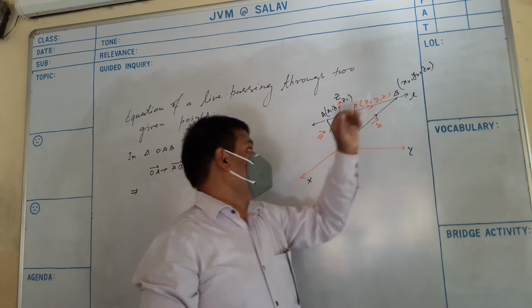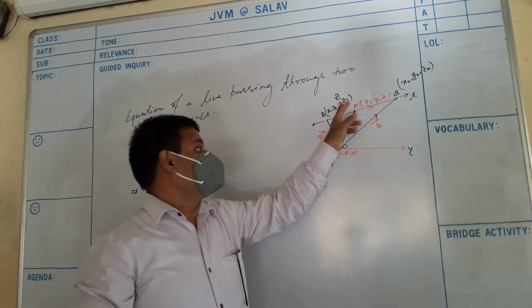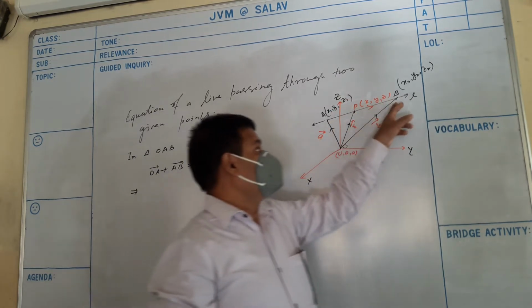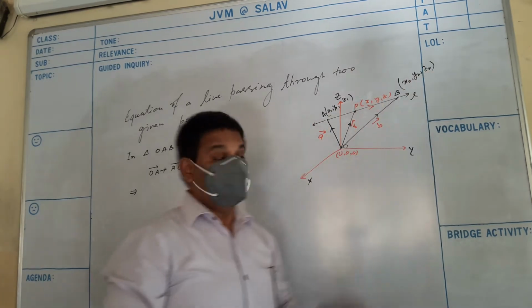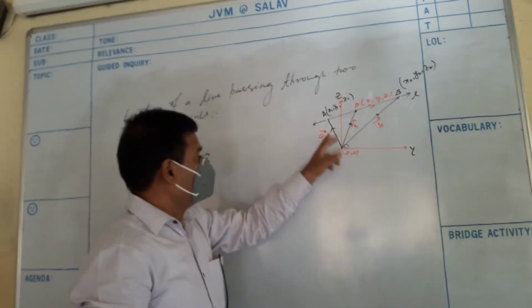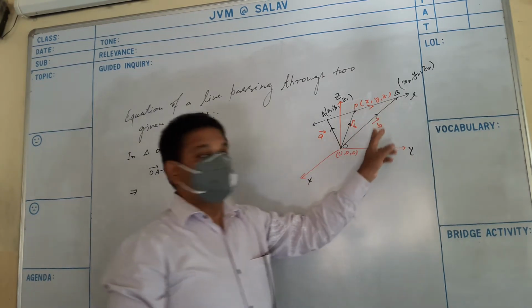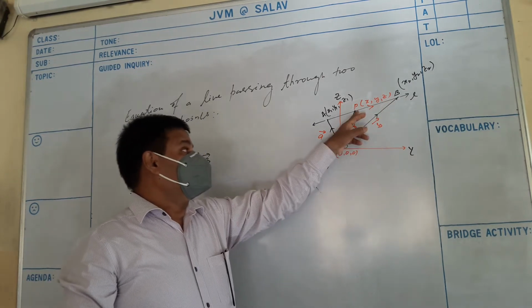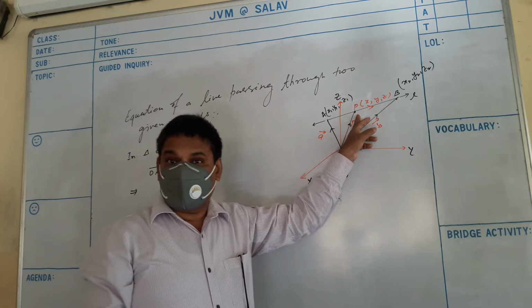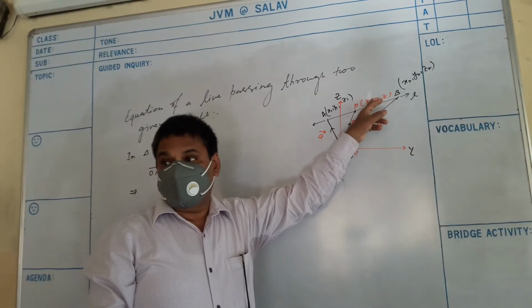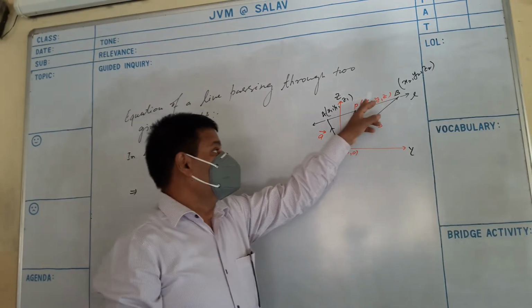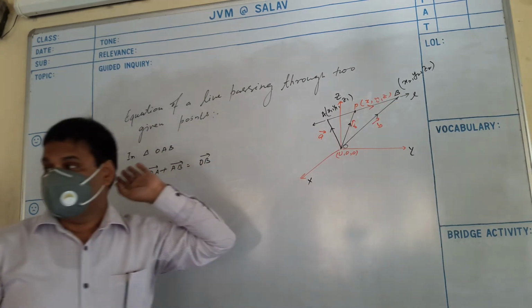Point A is x1, y1, z1 and point B is x2, y2, z2. OA is position vector A and OB is position vector B, and P is any arbitrary point on the line L, with coordinates x, y, z.